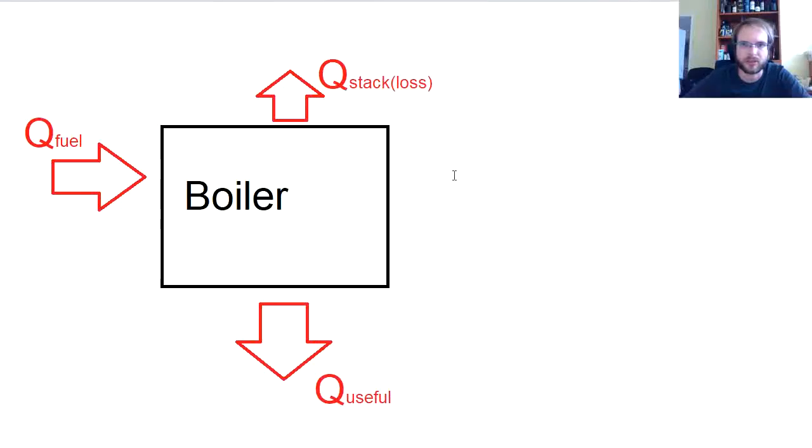Now let's have a look at how it will look with the efficiency. Let's look at this figure where we have the system of the boiler, and there are 3 streams of heat. There is heat going into the boiler in the form of the fuel, then there is the useful heat, and then there are the losses, where here we assume there is just one, which is the stack loss.